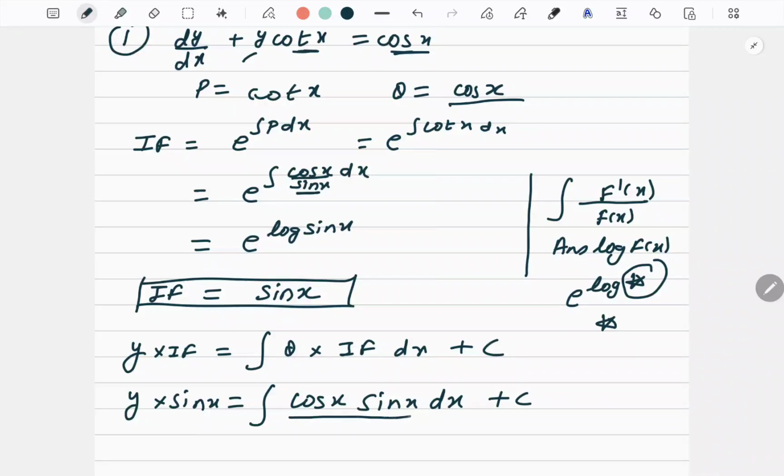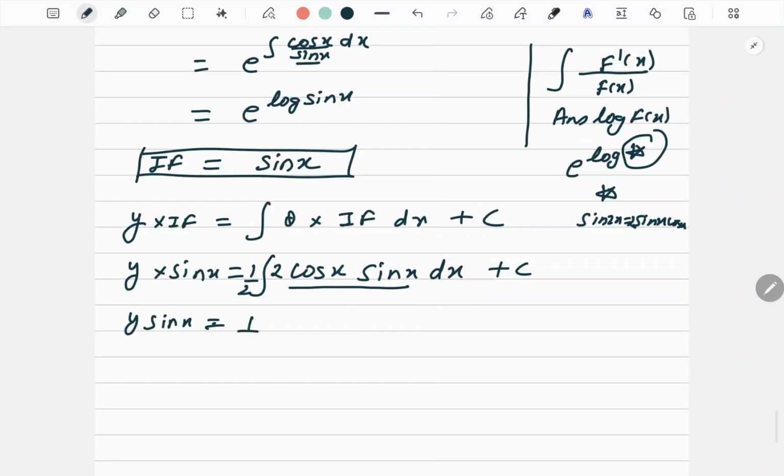Now, how to integrate this? This question we have done in the integration video also. I know that sin 2x is equal to 2 sin x cos x. So if I multiply and divide by 2, I can write y sin x is equal to 1 by 2 integral sin 2x dx plus c.